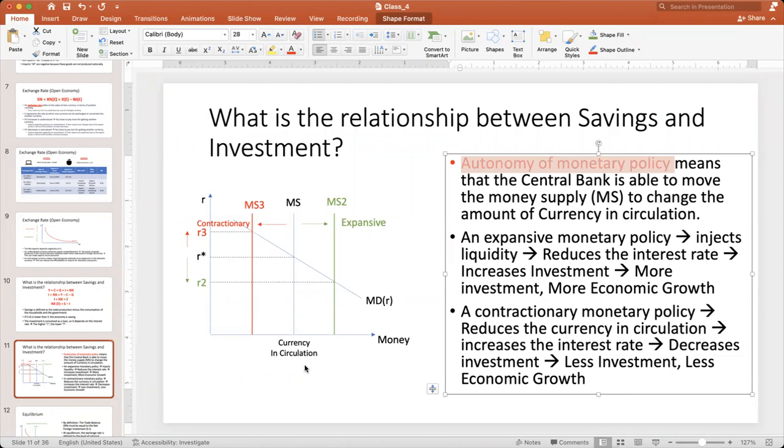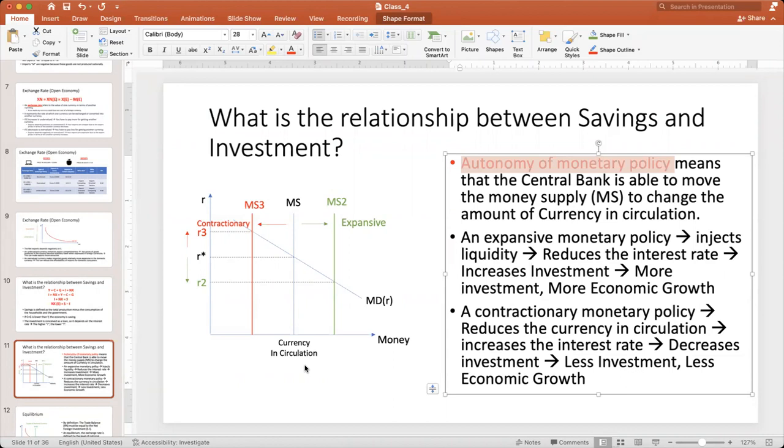However, if people spend more and more, that could create something called inflation. So in order to control inflation, the central bank has to make a contractionary monetary policy, which basically is the opposite.